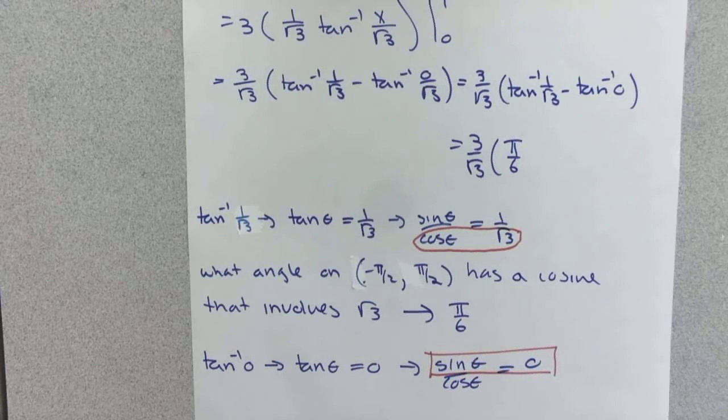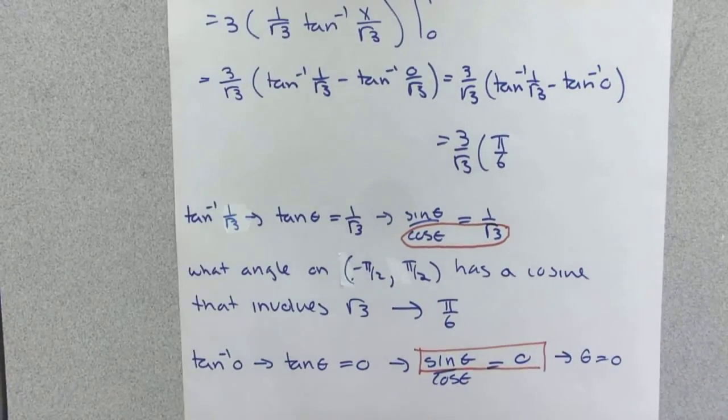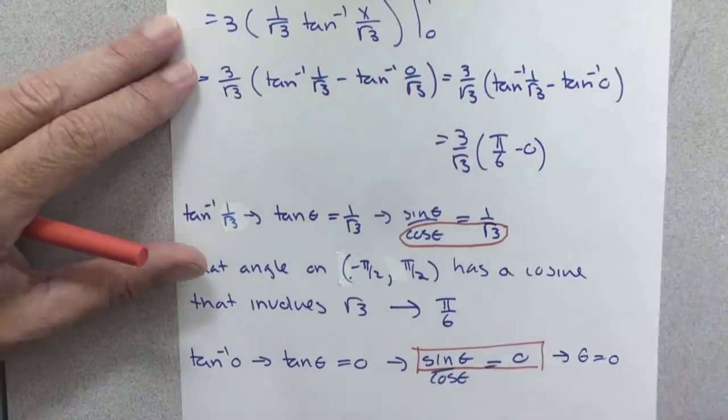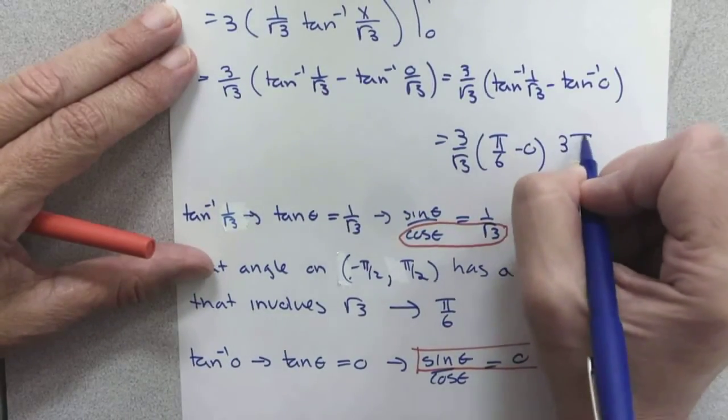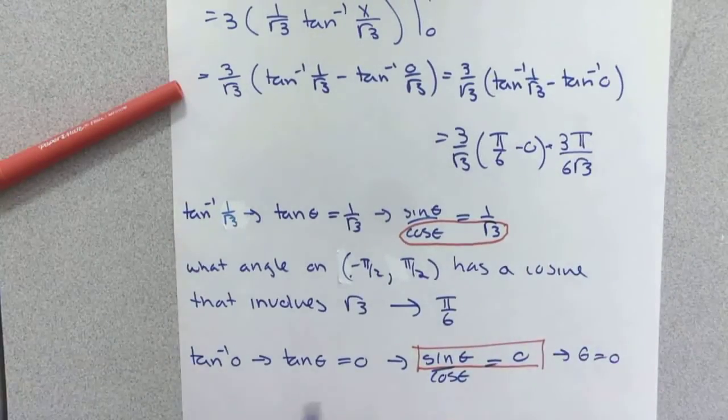That's the only way a fraction is 0. So I need sine of theta equals 0, which is going to tell me that theta has to equal 0. So minus 0, and so I get an answer of 3 pi over 6 square root of 3.